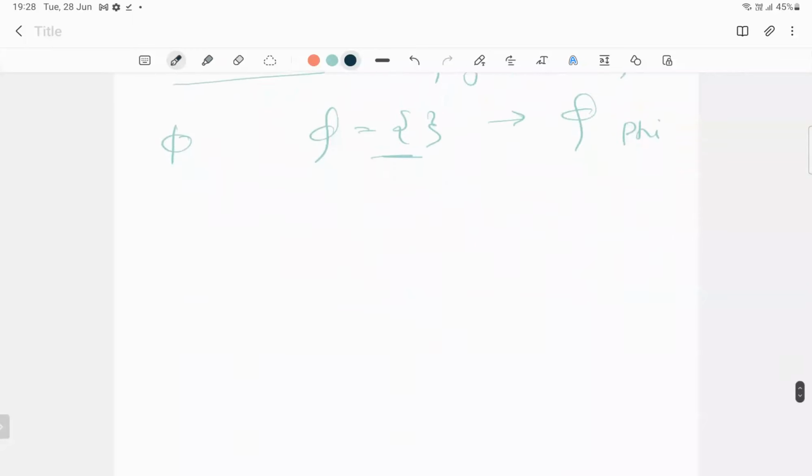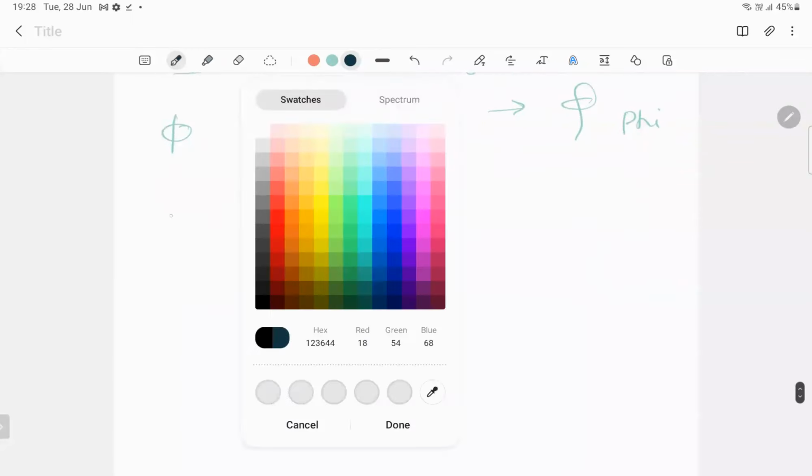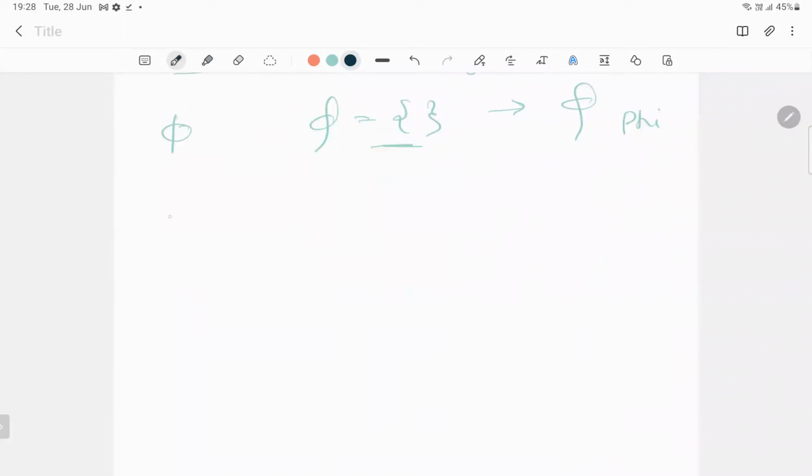Venn diagram. Let's start the Venn diagram. Now why do we use a Venn diagram? What is a Venn diagram?